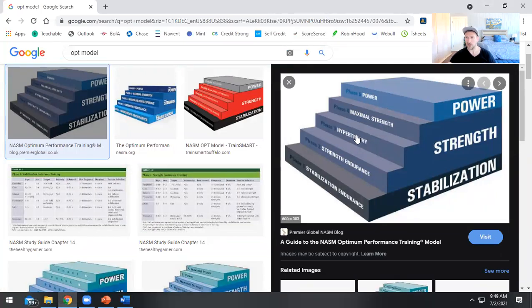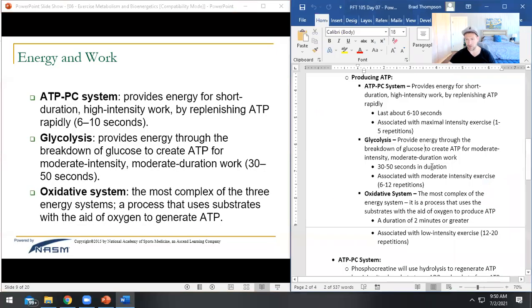Cellular damage creates inflammation. Inflammation creates muscle growth and size. Therefore, hypertrophy is in the middle of the OPT model because it's not super high intensity and it's not low intensity. It's not short duration. It's not long duration. It's in the middle of everything. And that's why we're looking at that, right? This is why this is associated with muscle growth.